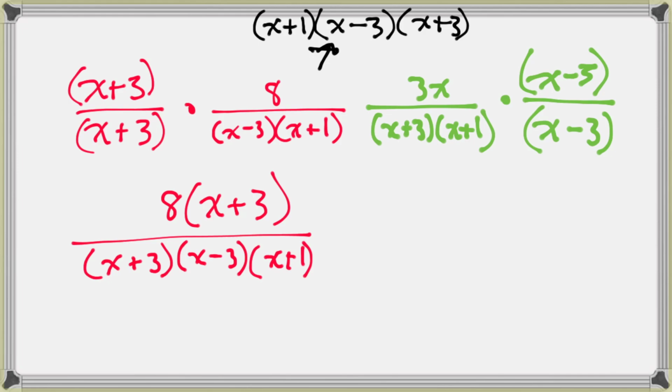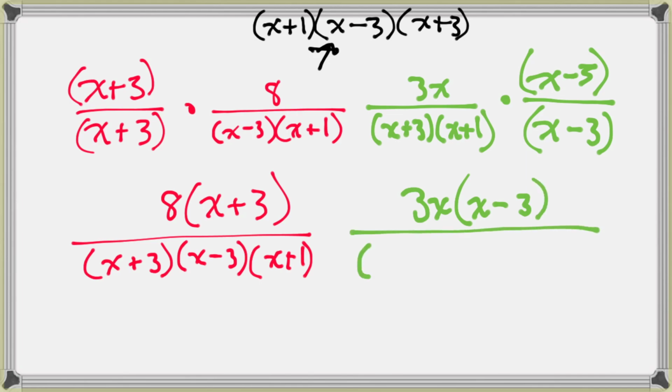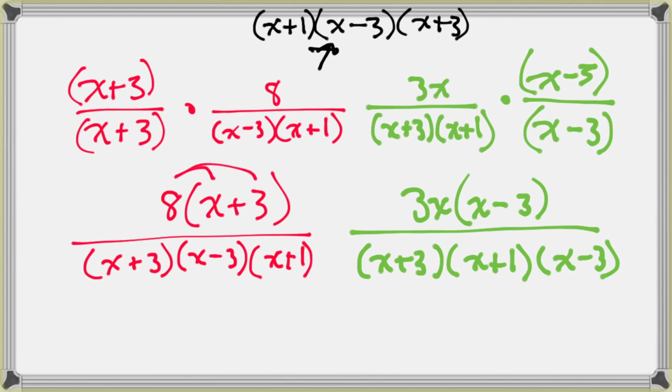For the green one, that'll give me 3x times x minus 3 over x plus 3 times x plus 1 times x minus 3.